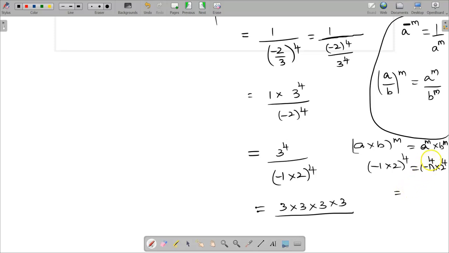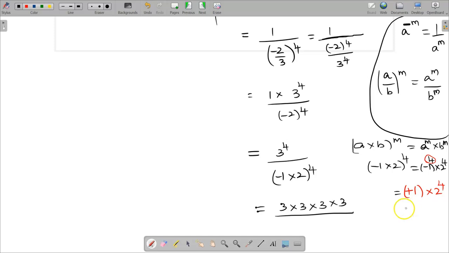So whenever we have an even power, this term will always become plus 1. Whenever we have an odd power, this term will always become minus. So by default you should know that minus 1 the whole power 4 is an even power, so it will always yield plus 1. Okay, that you have to remember, into 2 power 4.